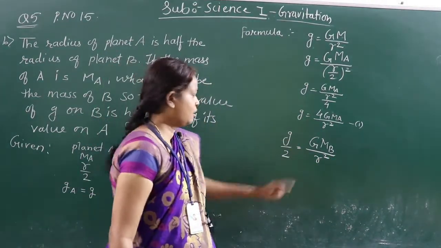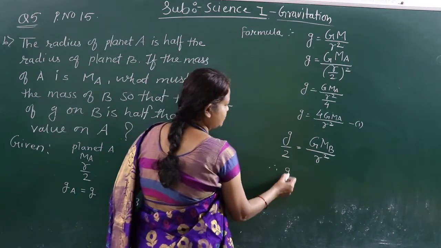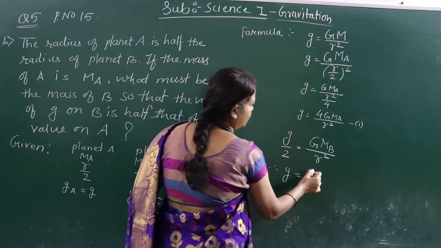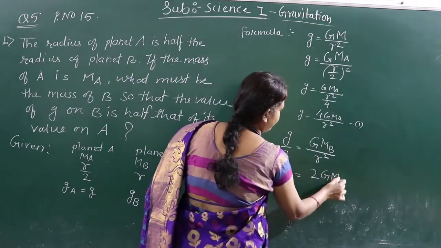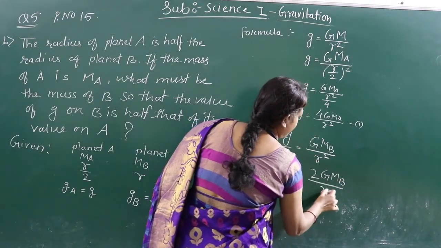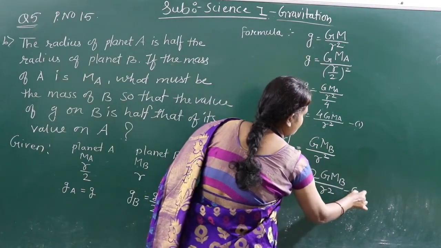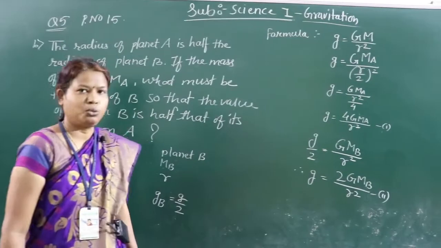After manipulation we have to write like this: g is equal to 2 G M_B upon r square. This is your equation number 2.